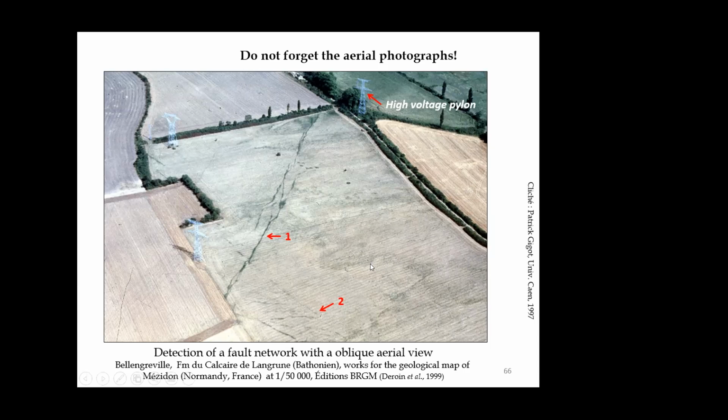You can just have a small idea here of the boundary of a rock bank, but it's not very clear. You have also another pattern here, but I will not explain all this in detail.